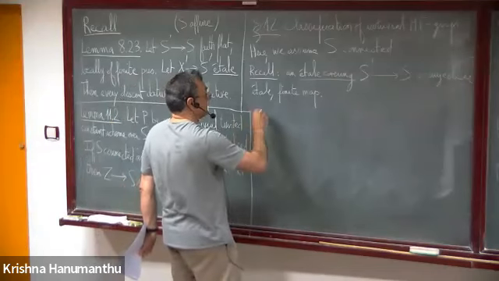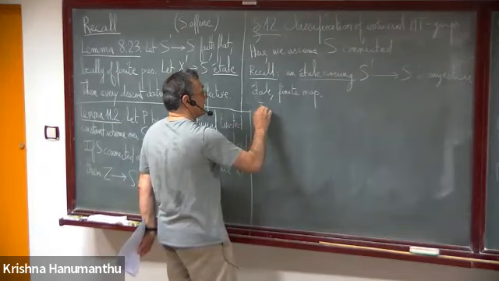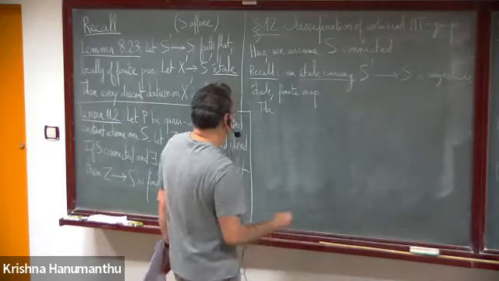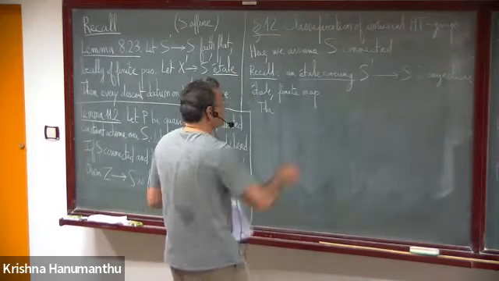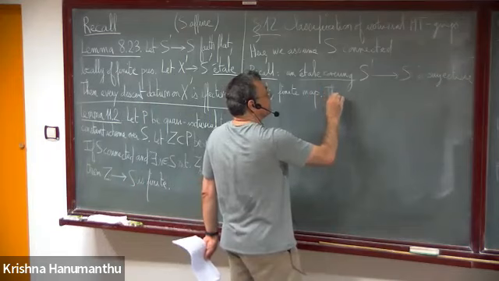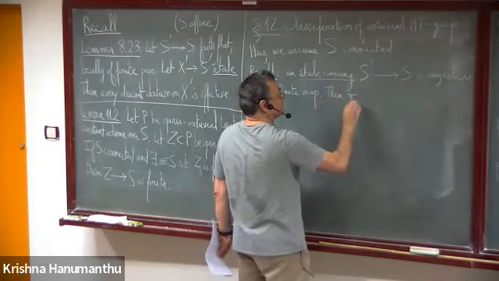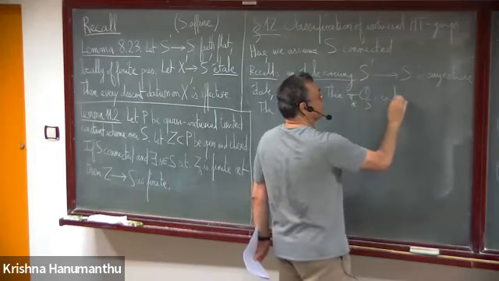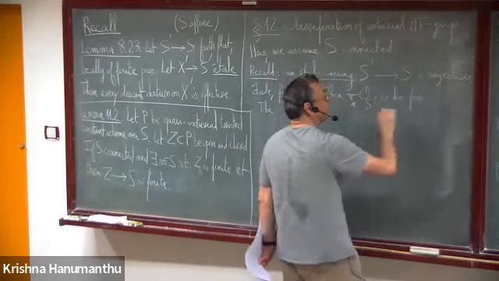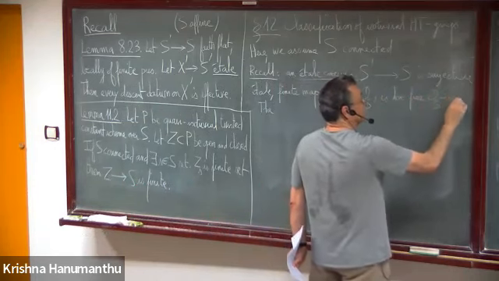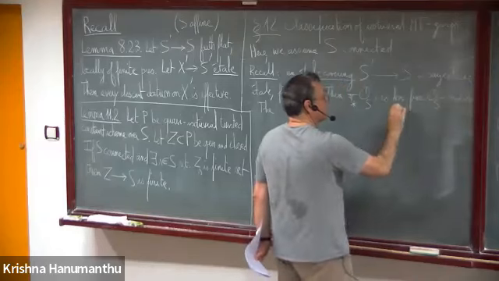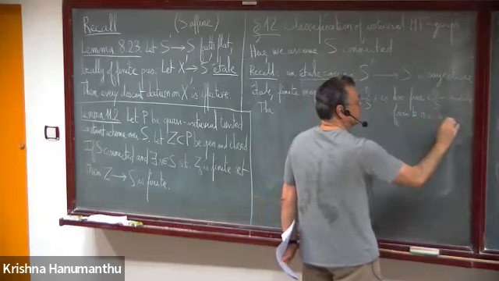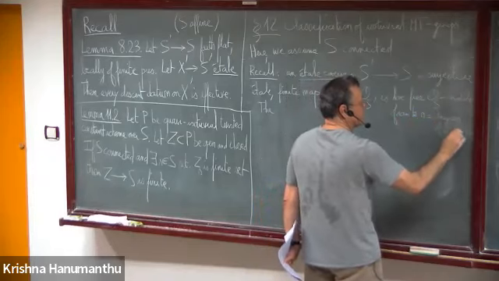And then for it the direct image is a locally free O_S module of some rank n, which is the degree of S prime over S.